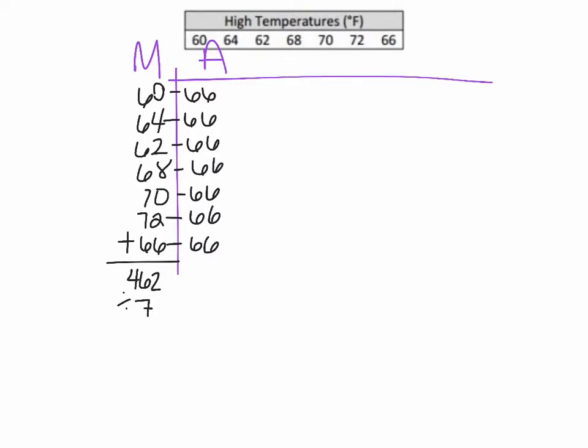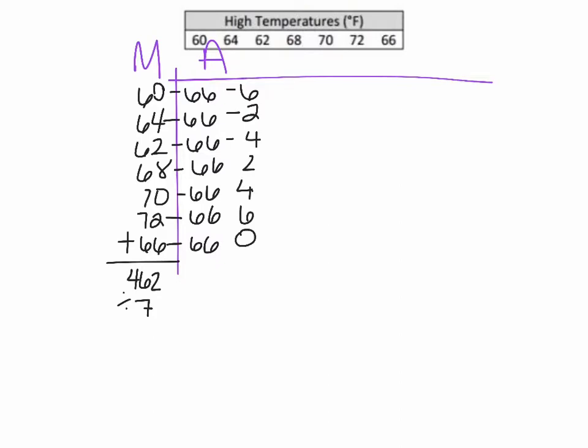So 60 minus 66 is negative 6. 64 minus 66 is negative 2. 62 minus 66 is negative 4. 68 minus 66 is 2. 70 minus 66 is 4. 72 minus 66 is 6. And 66 minus 66 is just 0.